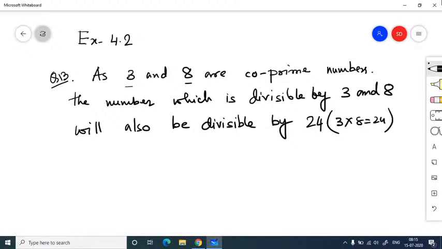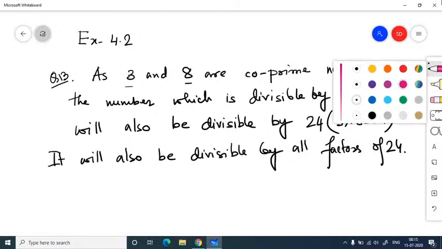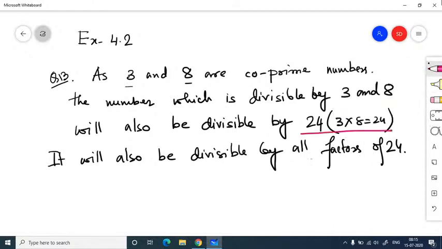So it will also be divisible by all factors of 24. Okay, so it will be divisible by the product of the numbers and all the factors of the product.